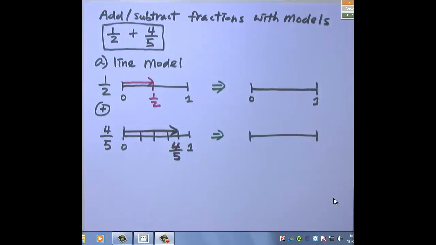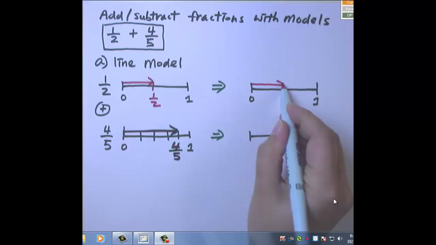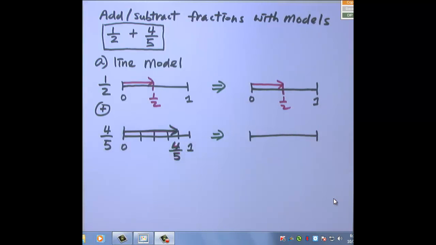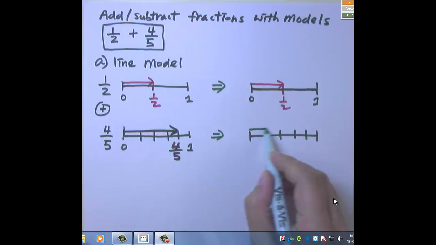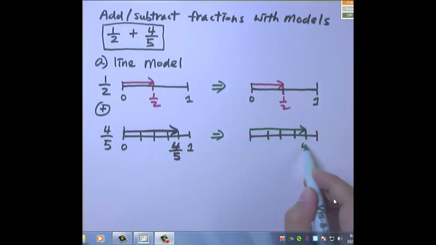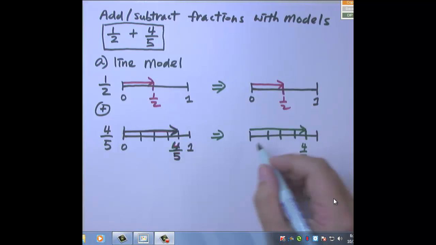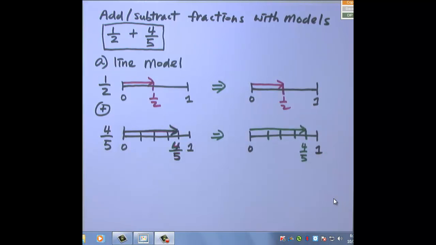And the first one, we need 1/2. The second one, we need 4/5. We're going to label 0 to 1 also.